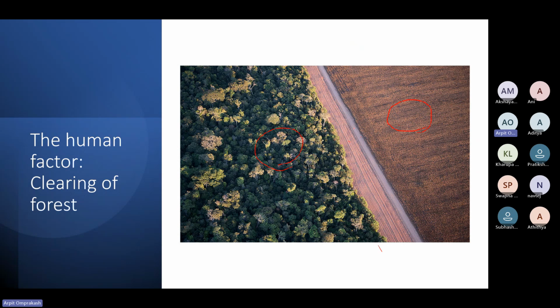But because we cut them down to make roads and farms, these trees are not found on this side. So the effects that we have on our environment also lead to a lot of changes in species distribution.